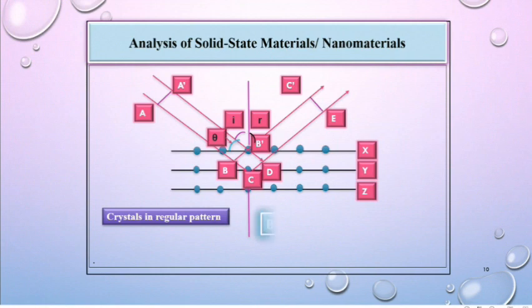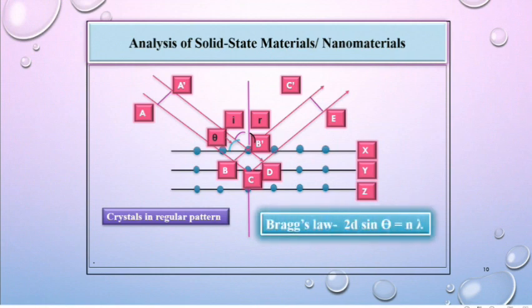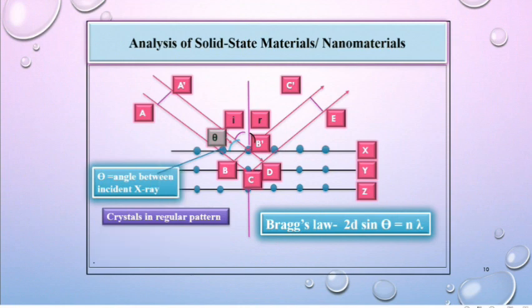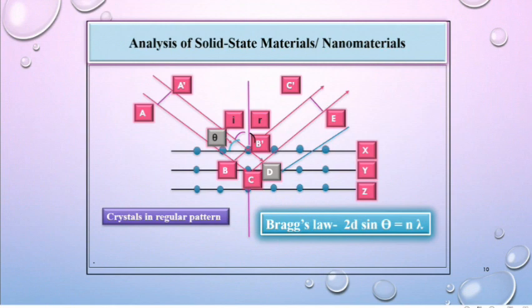This relationship is expressed mathematically in Bragg's law, which is 2d sin theta equal to n lambda, where lambda is the wavelength, n is the order of diffraction, theta is the angle between the incident X-ray, and d is the spacing defined by the Miller indices hkl determined by the shape of the unit cell.